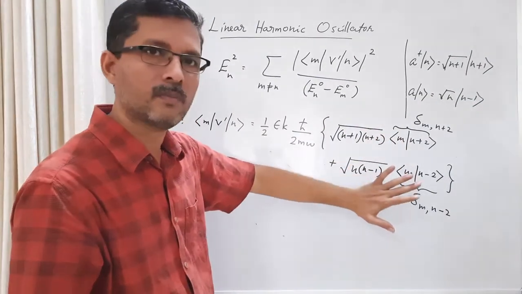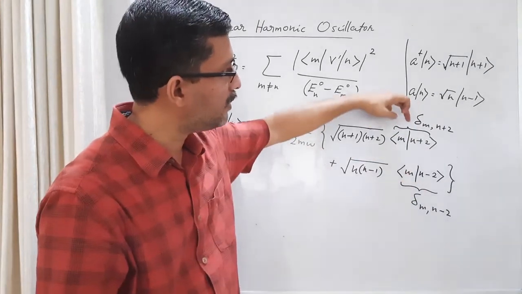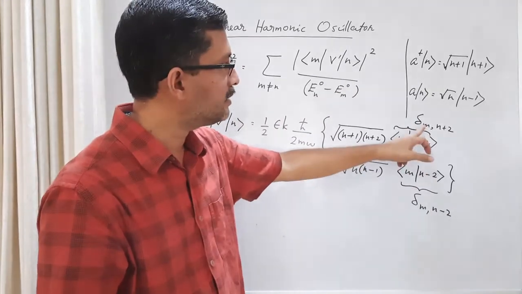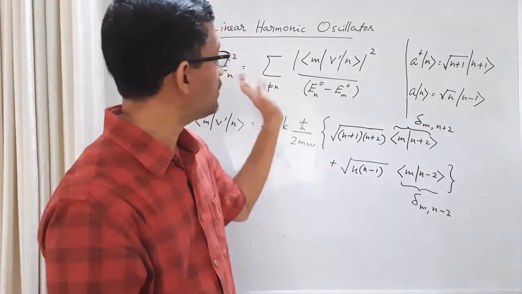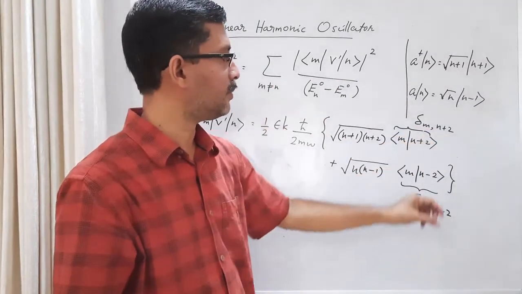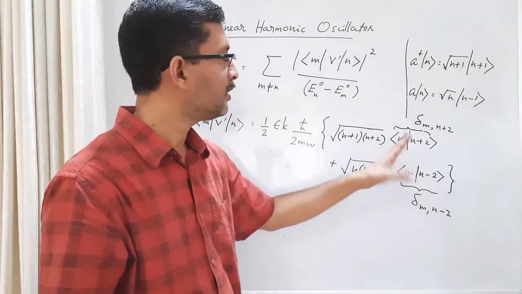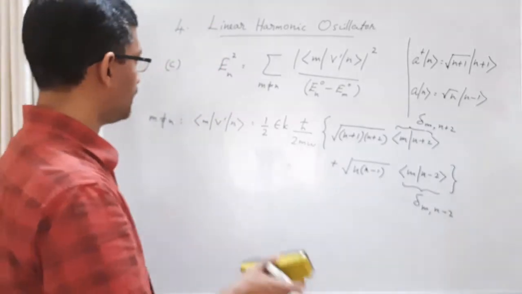The cross terms will go to 0, because the cross terms will involve a term like this into a term like this, and this condition and this condition cannot be simultaneously satisfied. The summation is over m, so either m is equal to n plus 2 or m is equal to n minus 2. Together it cannot be satisfied. Therefore the cross terms will go to 0. You can explicitly write it down.